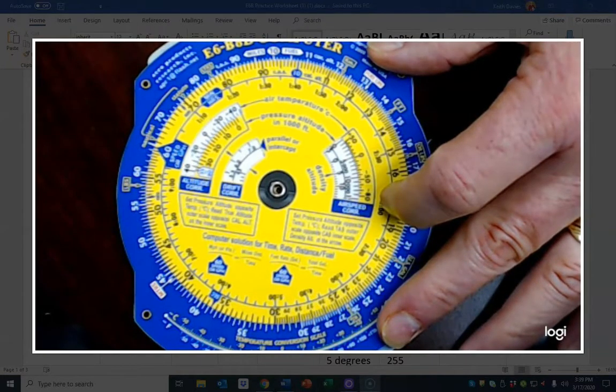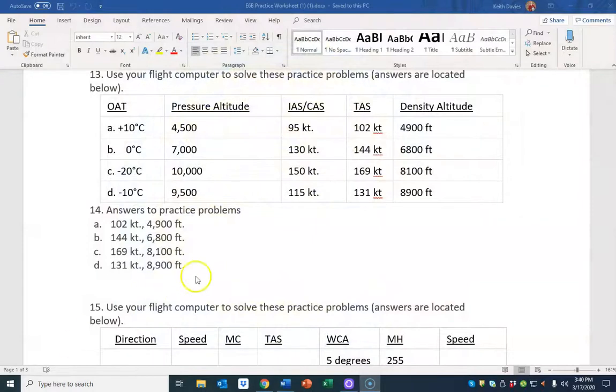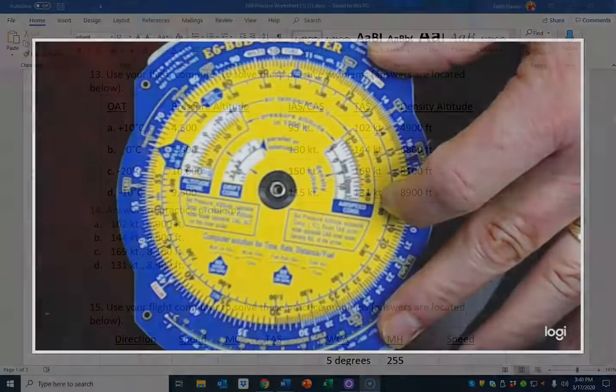Now, to figure out my airspeed, okay, if I'm indicating 95 knots, then how fast am I trueing through the air? So what I'll do for that, I'll go up here to 95 knots, right here on the B scale. And then I'll read out. And that tells me I'm really going 102 knots. And let me make that bigger so you can see it.